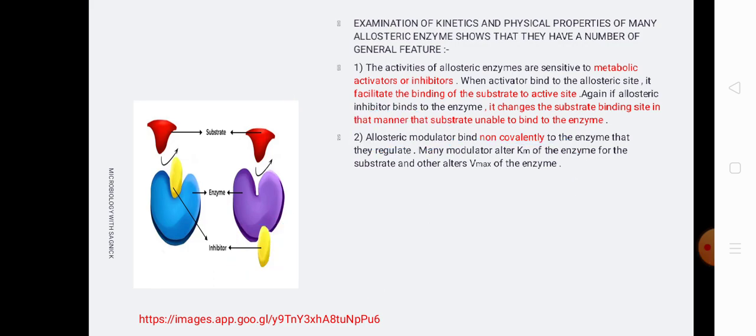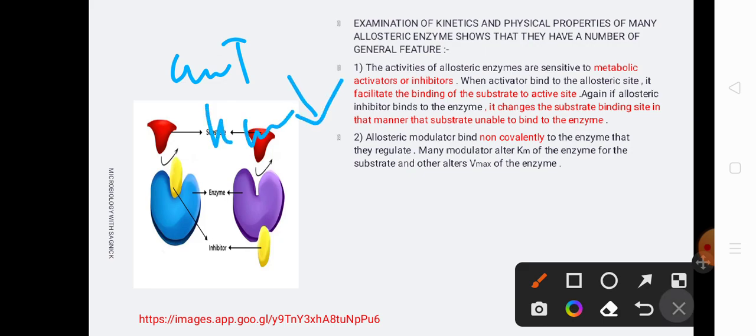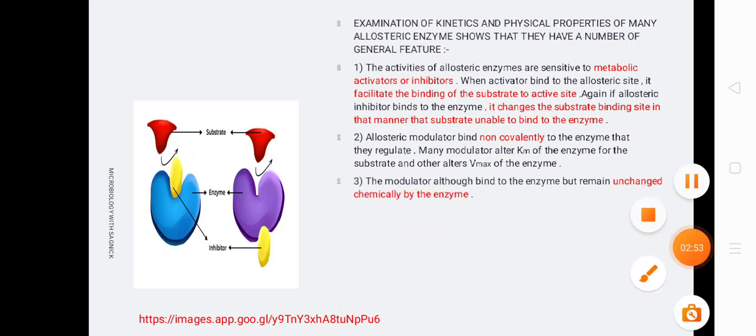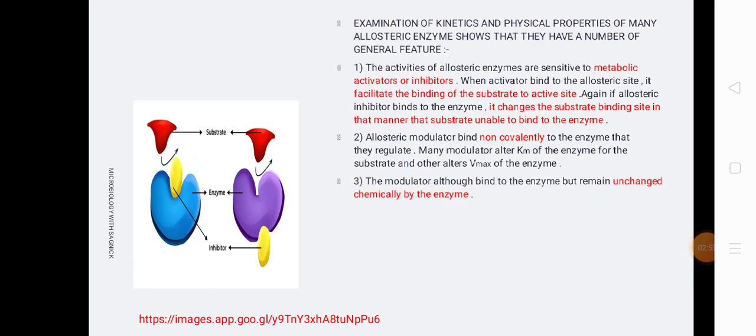So increasing Km is not good for us, right? So the main goal of an allosteric inhibitor will be to increase the Km, right? Similarly, for an allosteric activator, the main goal will be to decrease the Km. So that is the idea of how an allosteric modulator works. And as I have just told you, the modulator will remain chemically unchanged by the enzyme.